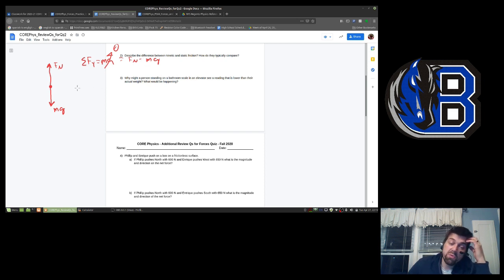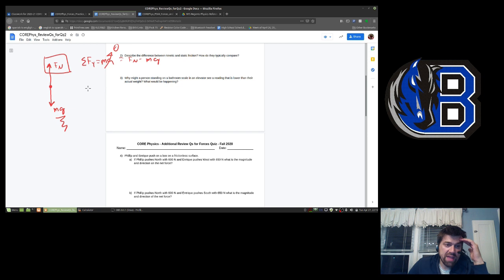So how could that be different? I'm not going to change gravity unless I go to a different planet or change my mass. But the normal force can change, which is actually what the bathroom scale is reading. So when might the normal force be lower?